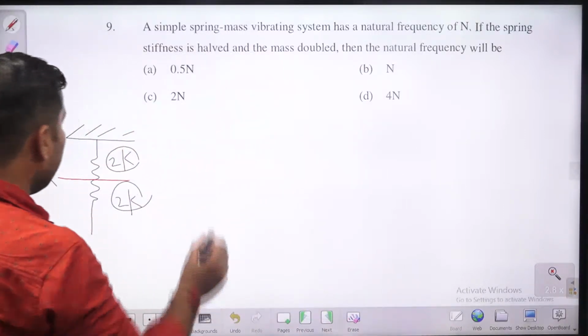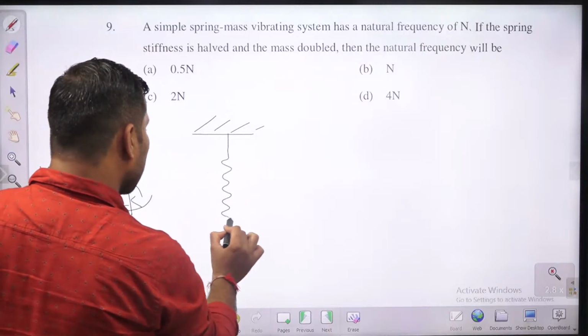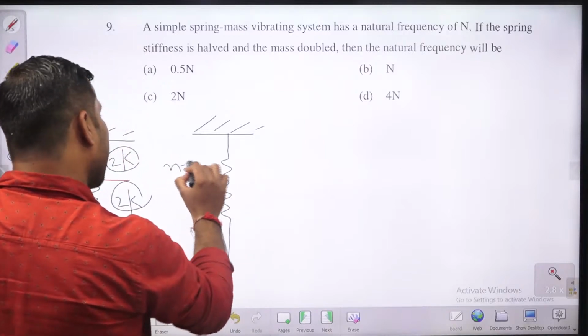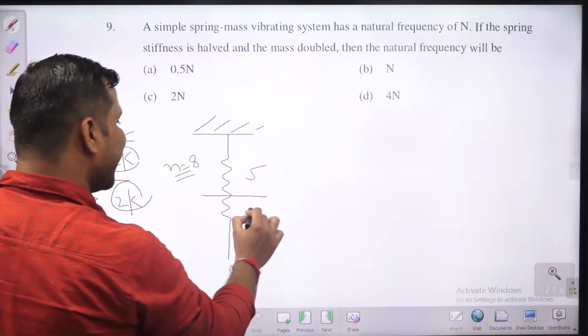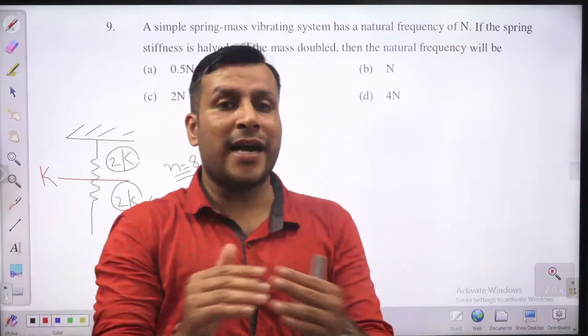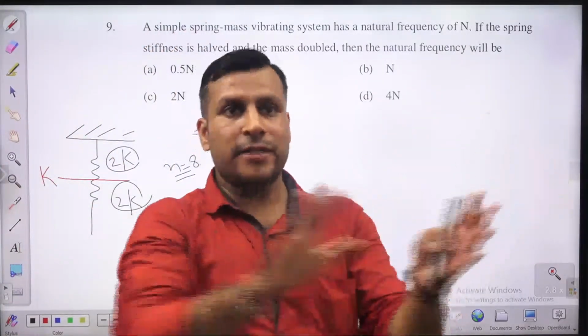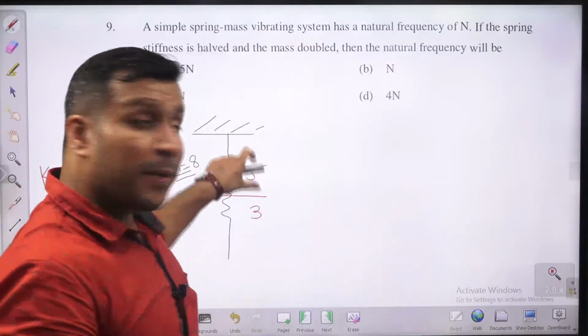Otherwise, if you are dividing a spring in some ratio, suppose the number of turns on the spring is 8 and you divide this spring into 5 turns and 3 turns. You are dividing the spring in two parts such that the 5 turn spring is one, and the 3 turn spring is the second. Now, which spring will have more stiffness, the upper one or the lower one?